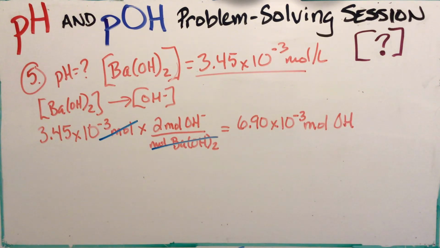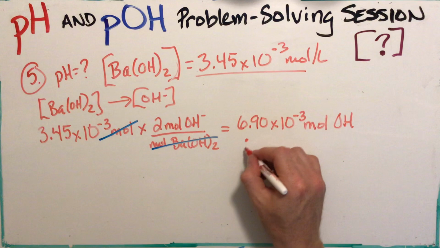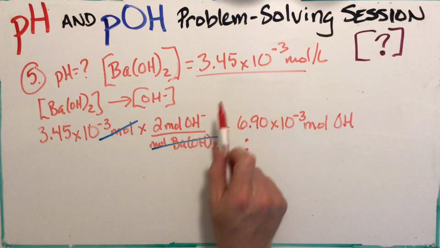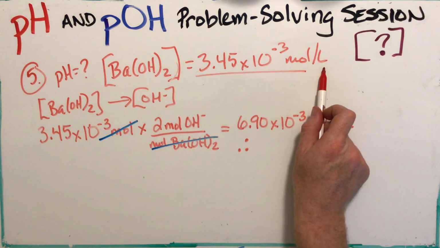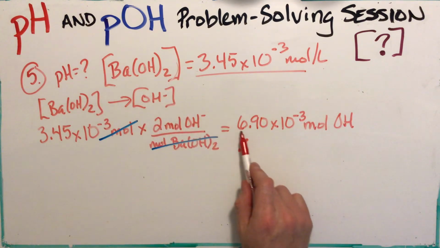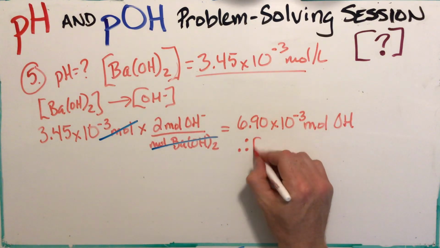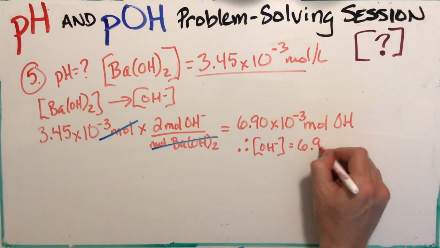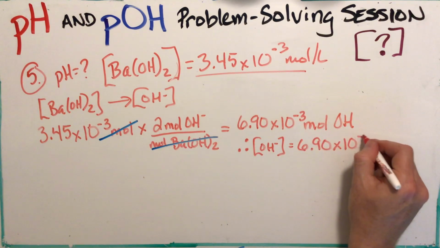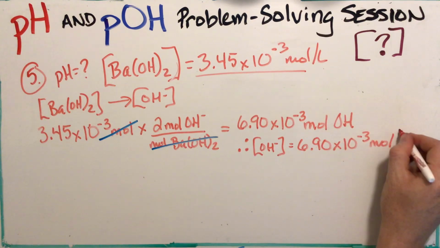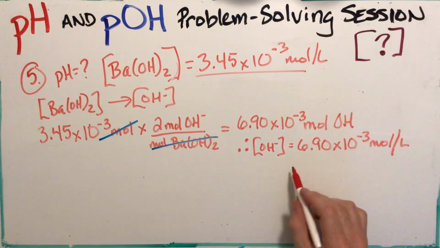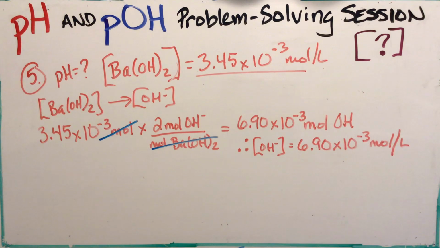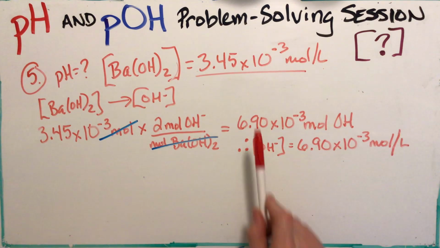And so now my concentration, right? Therefore, I think I'm going to ditch this red marker after this question. If I have this many moles in the 1 liter of barium hydroxide, I have this many moles in the 1 liter of the OHs. Let me say that again.